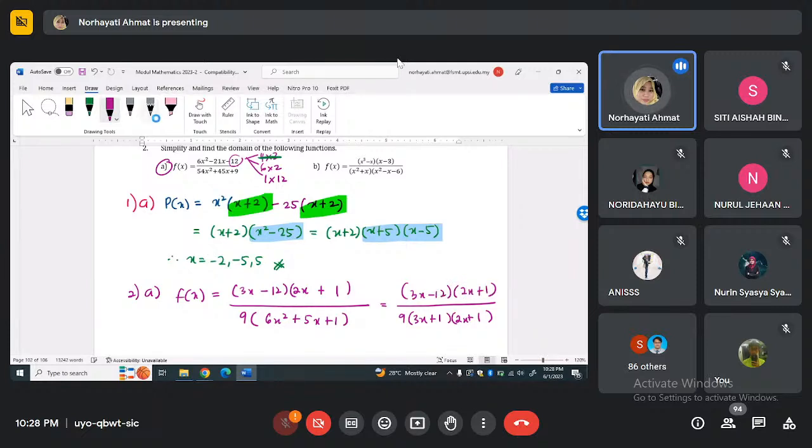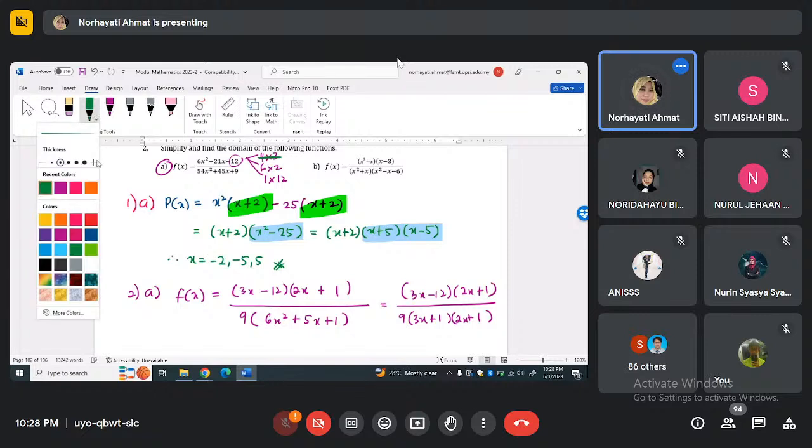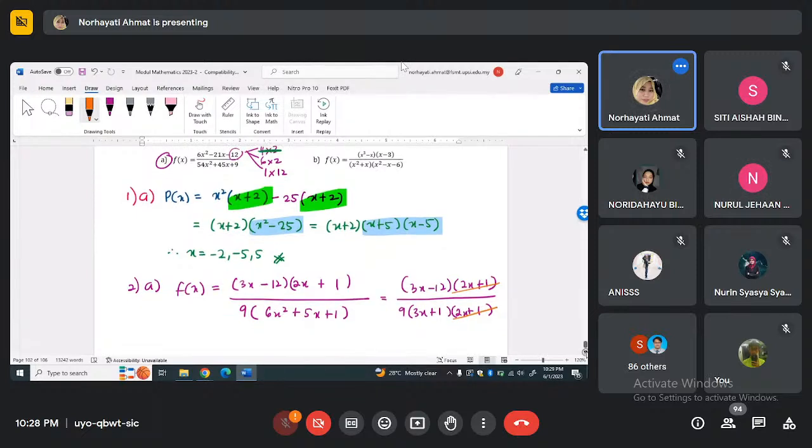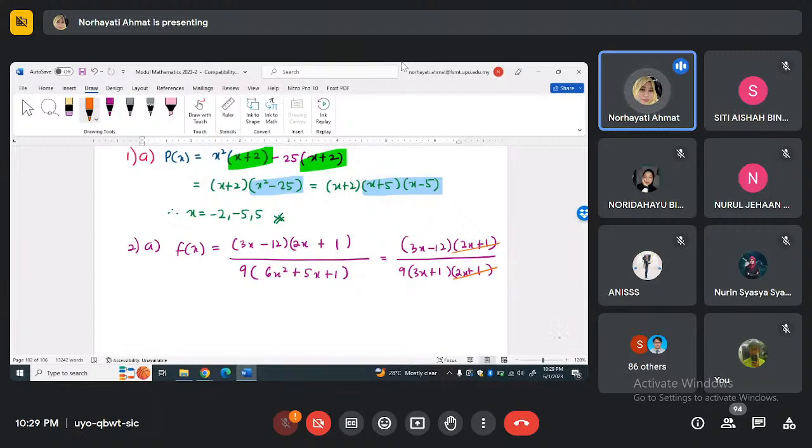Okay, 3x minus 12 and 2x plus 1. So, we can cross out the same factor. Itu je kan? Boleh keluar lagi? Ke tak boleh? Ini boleh keluar 3, so x minus 4. So, tak boleh jugalah. Okay, so the final answer is 3x minus 12 over 27x plus 9.